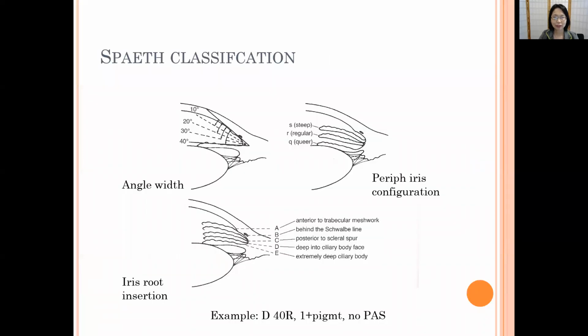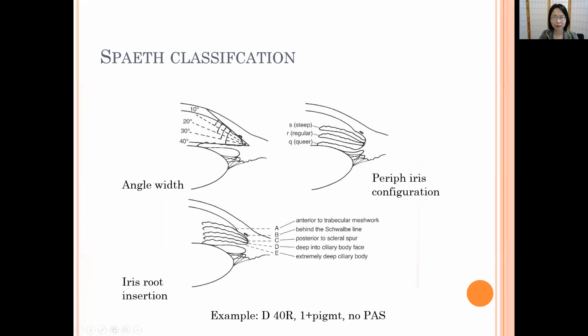The Spaeth classification system, which is the one that I have been taught to use, is a little bit more complicated because it has a letter, a number, another letter, and then some descriptions. So to start, the letter D here is the iris root insertion, and this tells you really what structure you're seeing. And D means that you can see all the way to the ciliary body band.